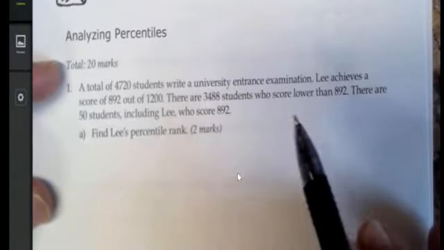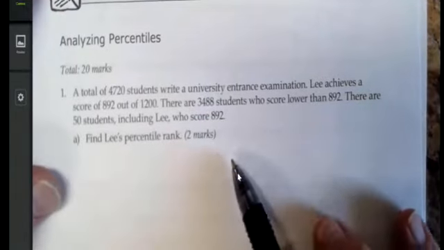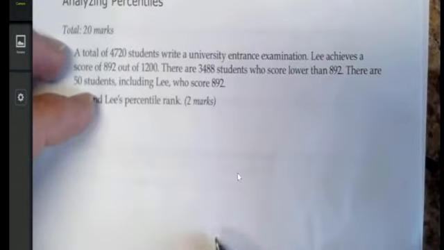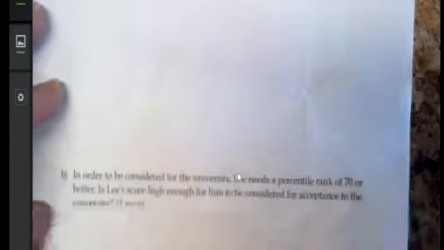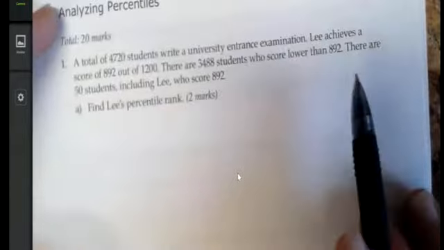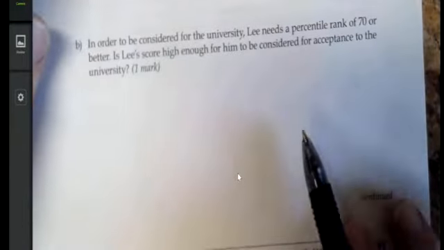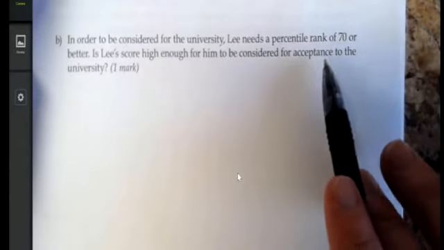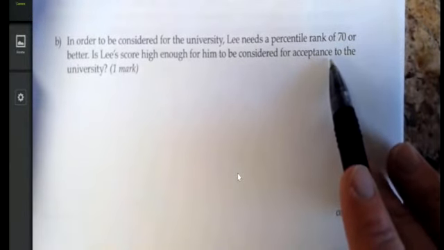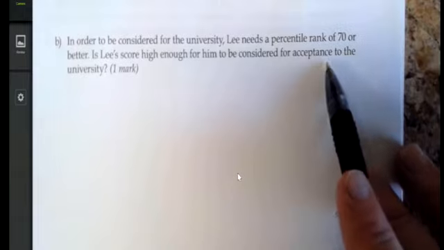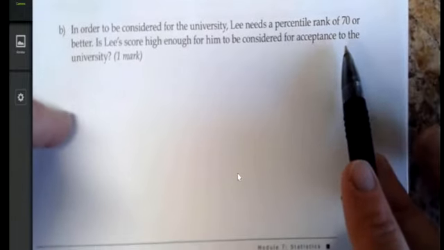Your first problem is to find somebody's percentile rank with the information given. They're giving you the students that are lower, the students that are higher. Just use the formula. And then he needs a percentile rank of 70 to be considered for university. Is his percentile rank high enough?